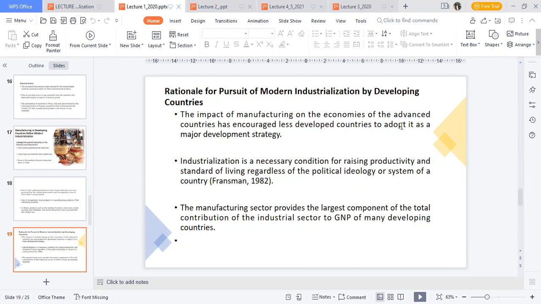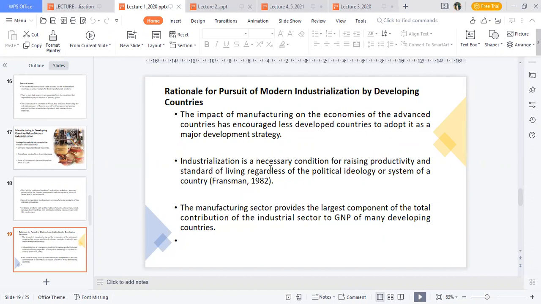You can't trade with somebody who is stronger than you. Because we are developing countries, we realized that we are always in touch with these white people, trading with them. We saw it as a major relevance to go in and adopt another development strategy, industrialization, that will help us produce more goods so that we can also export and generate revenue. So that's the first point.